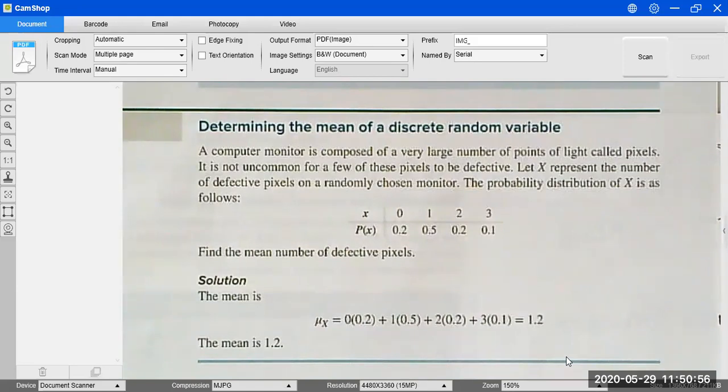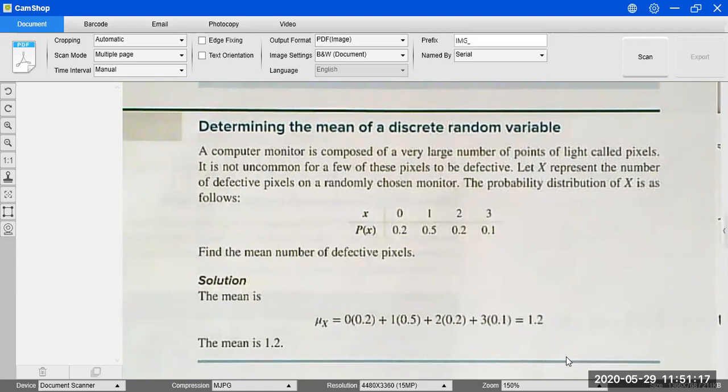So we have this problem. A computer monitor is composed of a very large number of points of light called pixels. It is not uncommon for a few of these pixels to be defective. So let capital X represent the number of defective pixels on a randomly chosen monitor. Then we have the probability distribution of capital X as follows.